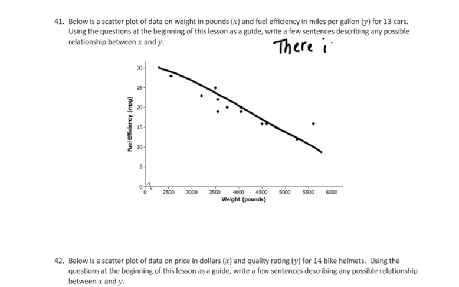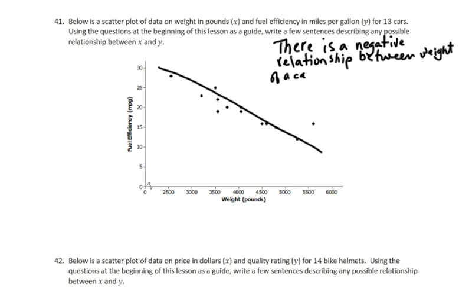So there is a negative relationship between weight of a car and fuel efficiency. I know it says a few sentences. I just want to write the general gist of what it shows.